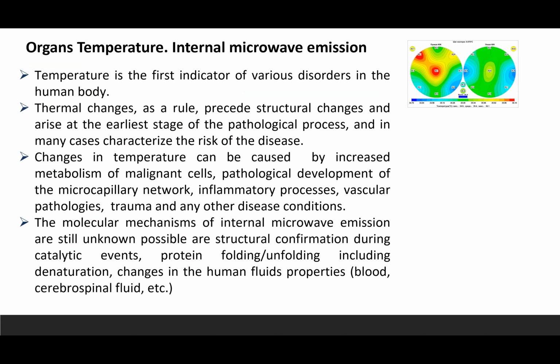Unfortunately, the molecular mechanism of internal microwave emission from biological objects and the human body is still not known very well. It could be caused by structural conformation during catalytic events, protein folding, unfolding, changes including human fluids properties, blood and cerebrospinal fluids, etc.